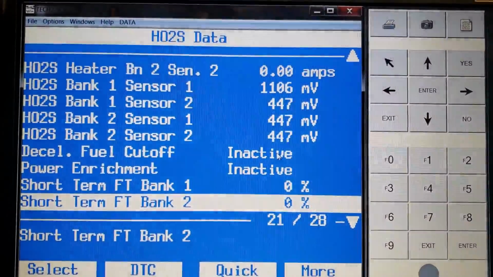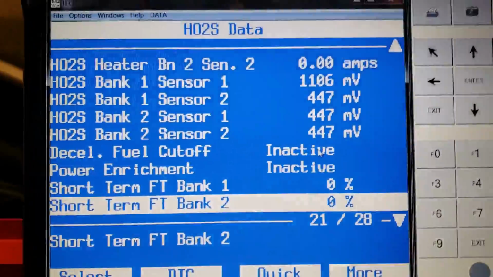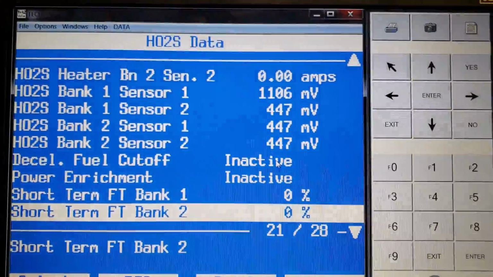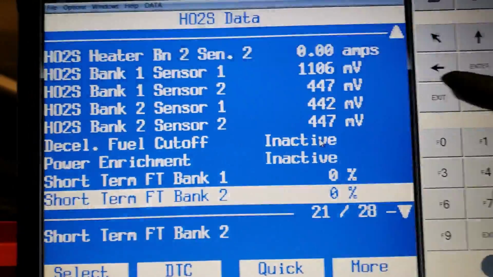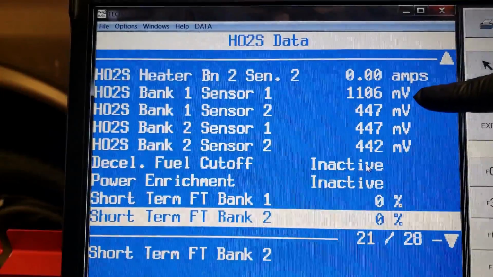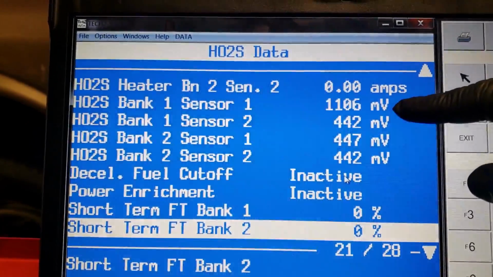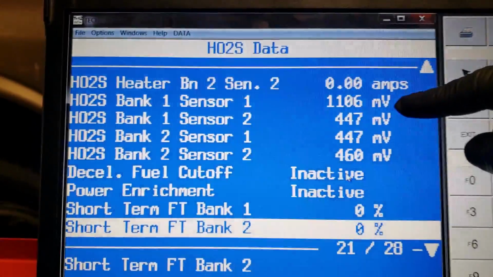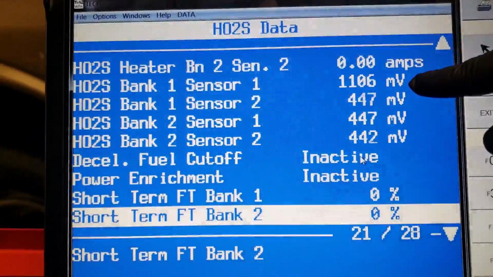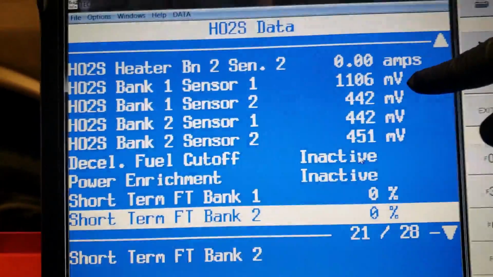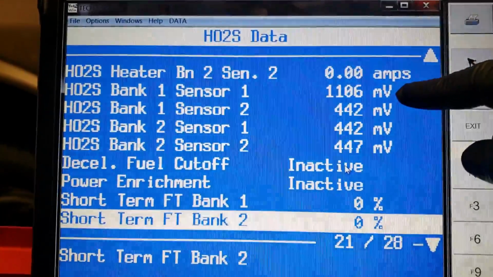So I noticed this, key on, engine off. Bank 1 sensor 1 O2 sensor is showing super rich, off the chart rich. 900 is like normal operating rich.